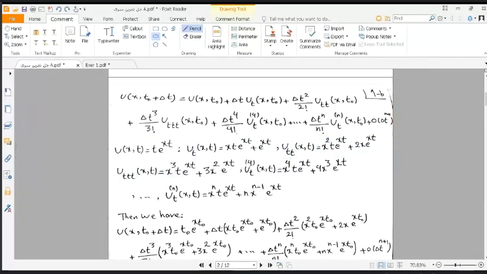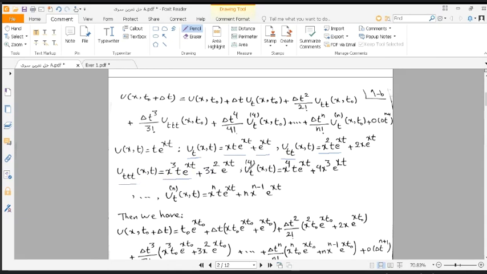Please pay attention again. I repeat. First derivative: xt e to the power xt plus e to the power xt. The second derivative: x squared t e to the power xt. The third derivative: x cubed t e to the power xt.